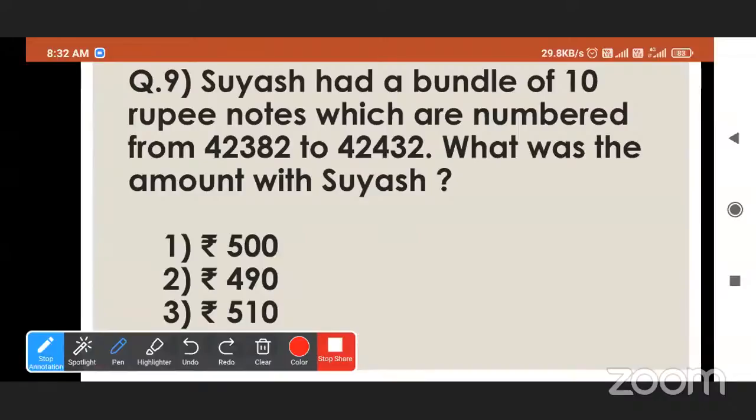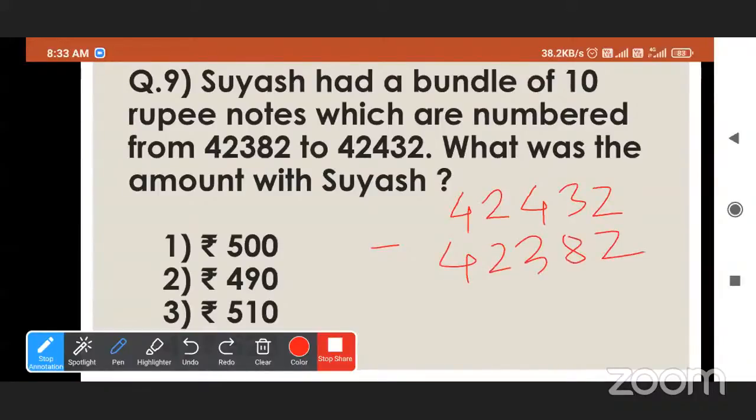So we will do subtraction. 2 minus 2 is 0. 3 minus 8, we can't subtract 8 from 3. So this is 13. 13 minus 8 is 5. 3 minus 3 is 0. 2 minus 2 is 0. And 4 minus 4 is 0.